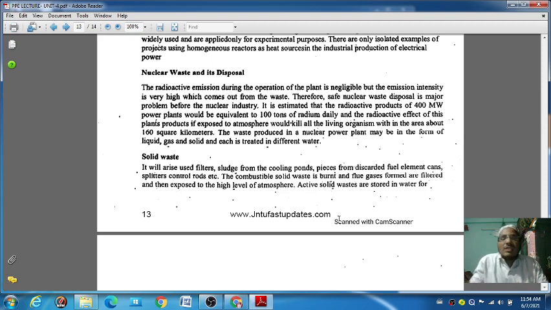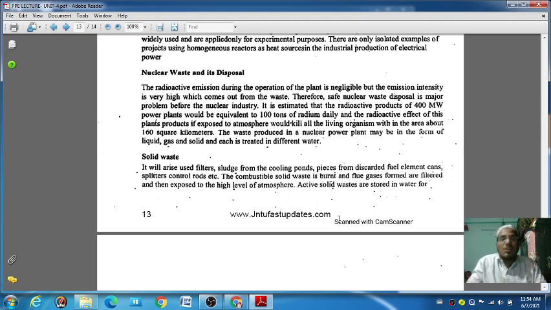In earlier days, the wastes that came from the nuclear reactors had radioactive emission at a very high level.